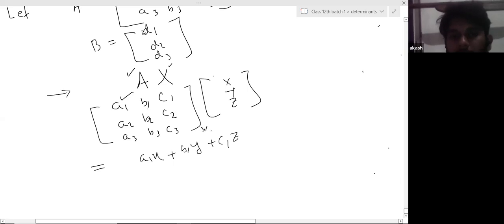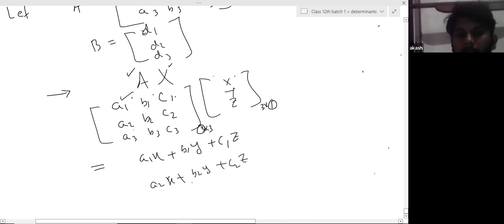This is a 3 by 3 matrix, and this is a 3 by 1 matrix. So the final answer will be a 3 by 1 matrix, that is 3 rows and 1 column: A1x plus B1y plus C1z, then A2x plus B2y plus C2z, A3x plus B3y plus C3z.